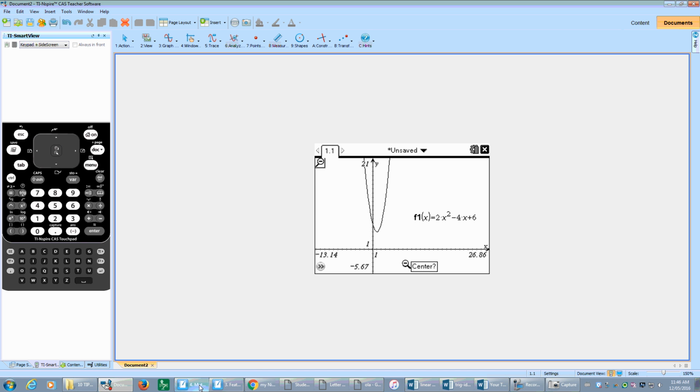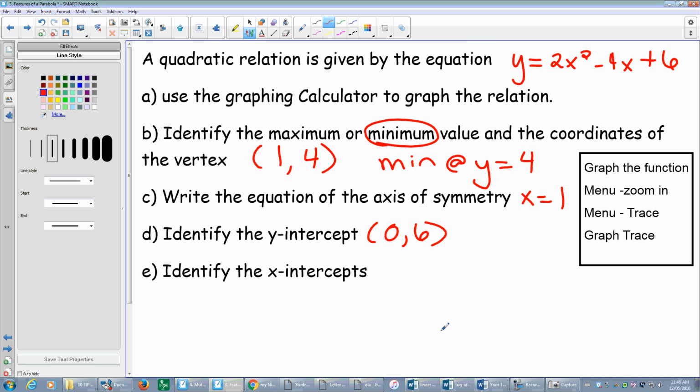So what can I write down here? There are no x-intercepts. So we've looked at examples now where we had one x-intercept, two x-intercepts, and no x-intercepts. So you could have a couple different answers from there.